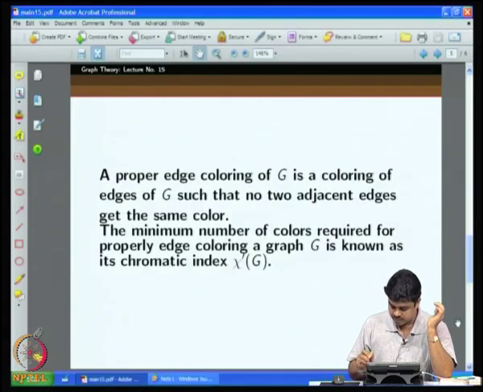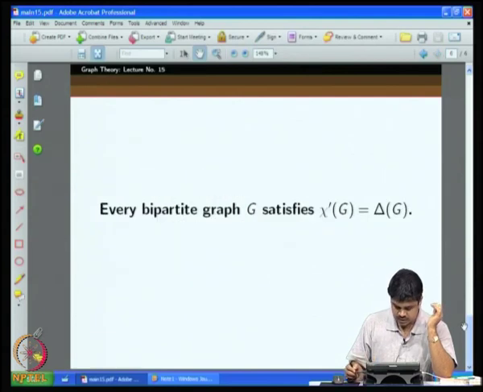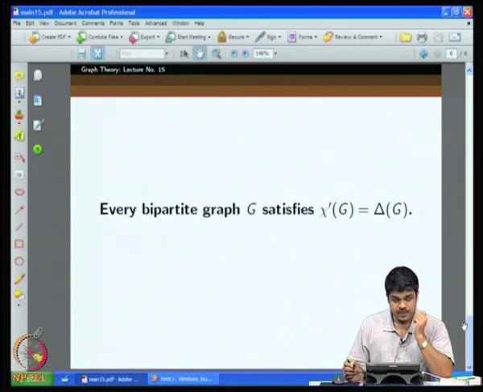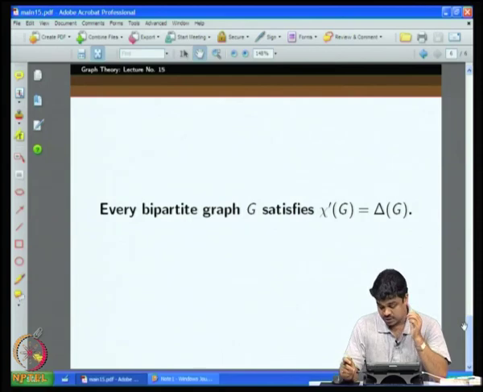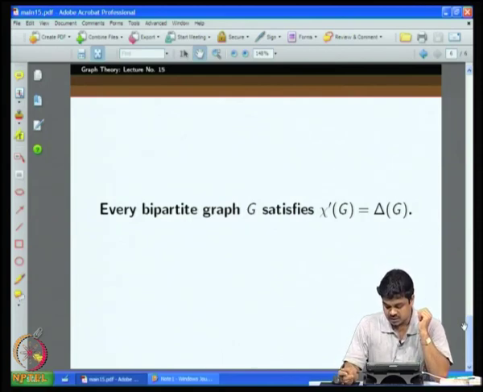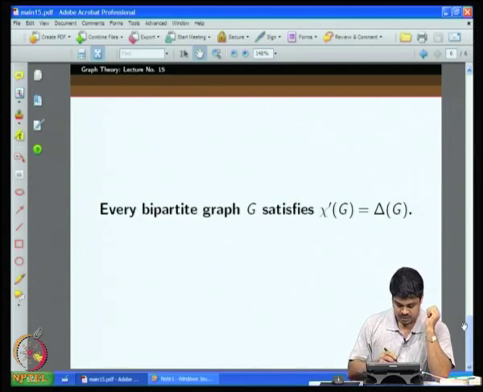So the bipartite case says if it is a bipartite graph, this obvious lower bound of delta is the actual value of the chromatic index of the graph. Essentially it requires only delta colors. That is what happens for bipartite graphs.